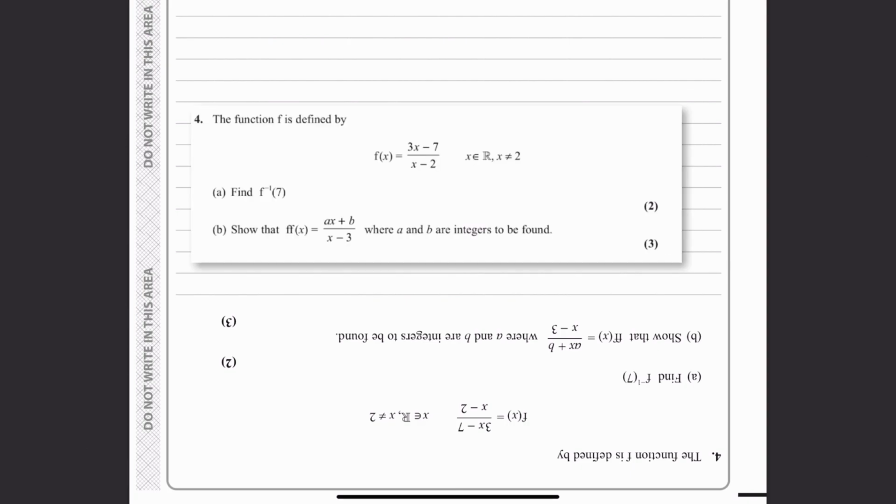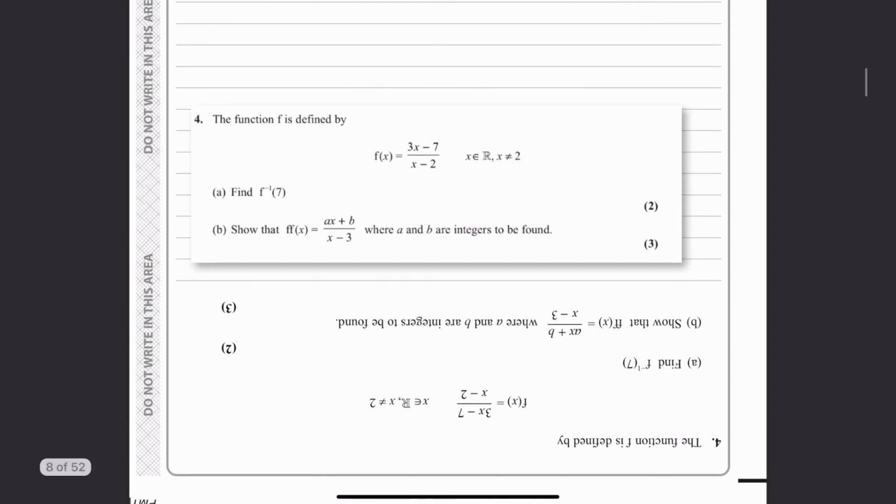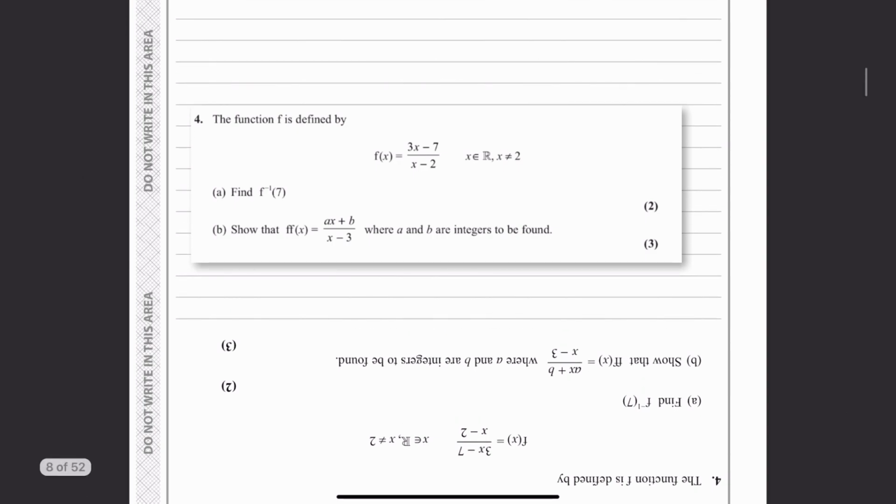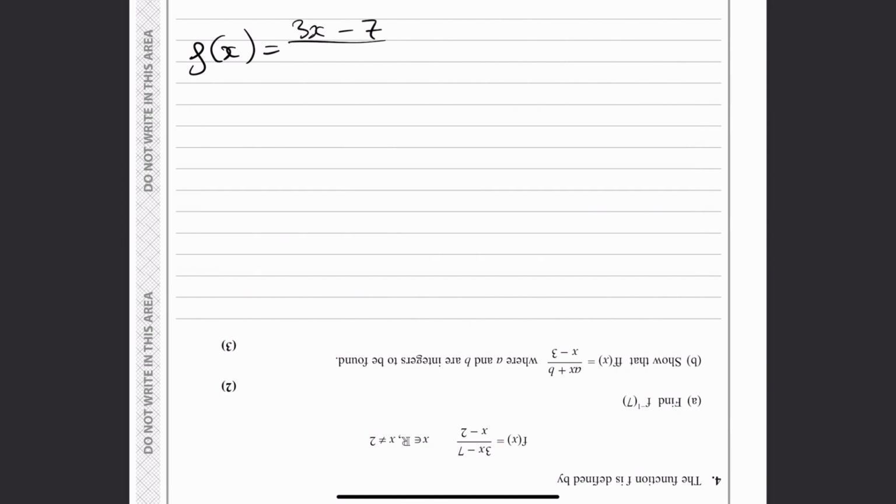The function f is defined by f of x is equal to that. Okay, that's fine. So f of x, let's make sure I get these numbers right. So f of x is equal to (3x minus 7) over (x minus 2). And it wants us to find f of the inverse of 7. Okay, actually, let me think about this.